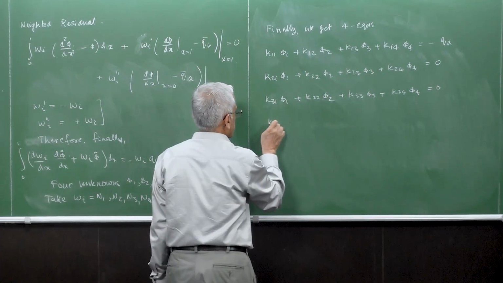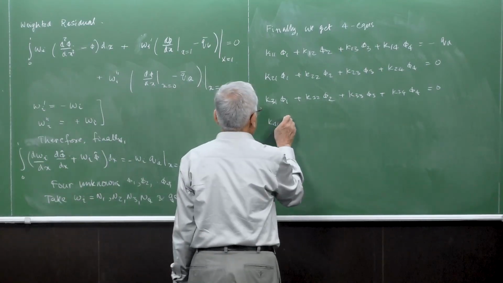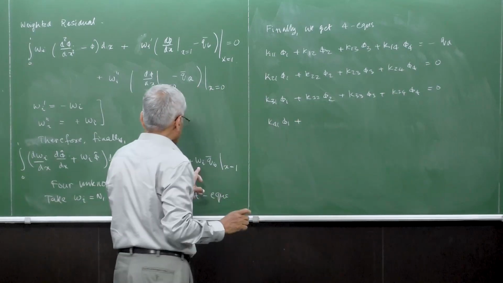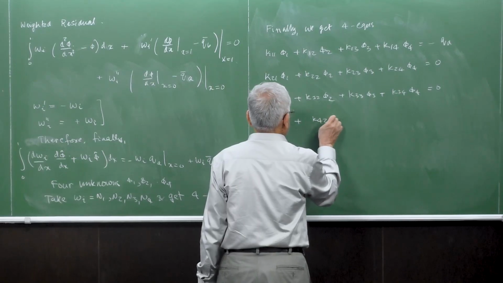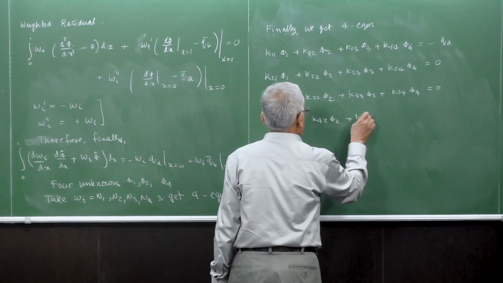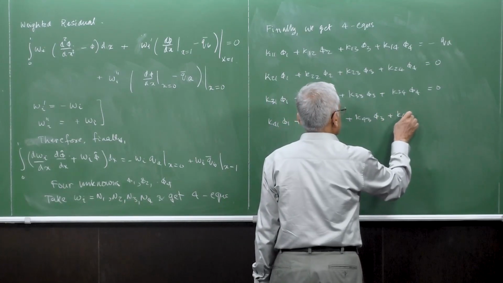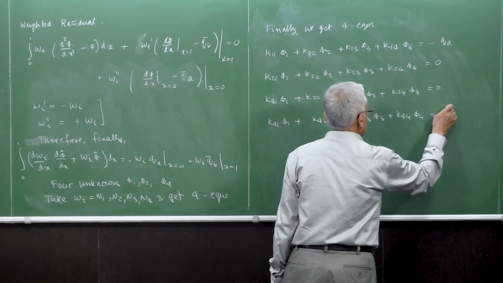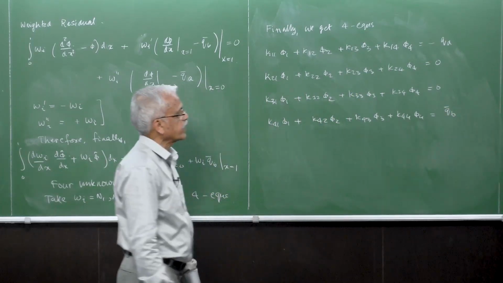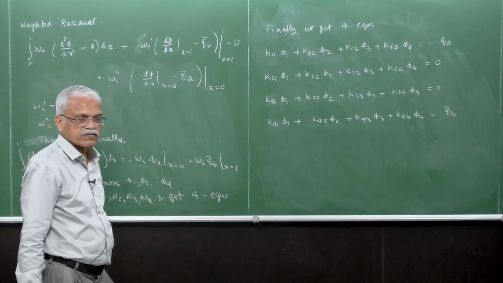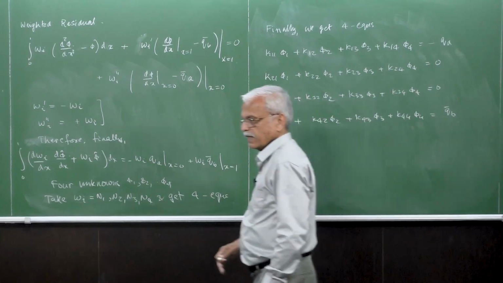And the fourth equation is obtained by taking weighting function as N4, which has a value of 1 at x is equal to 1. So these are 4 equations in phi 1, phi 2, phi 3, phi 4, and knowing this, we can evaluate all these things.